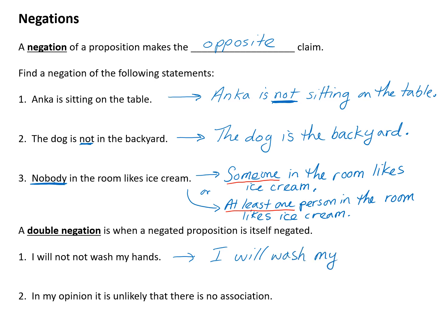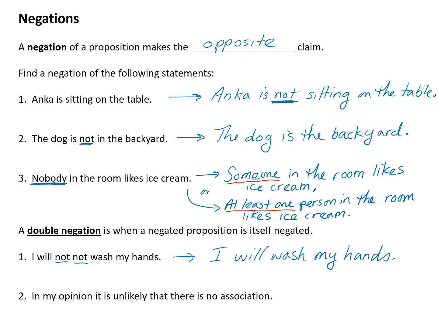By saying I will not not wash my hands, I'm really saying I will wash my hands. So those two nots undo each other, and you get back to the positive. So in a double negation, the first not undoes the second, or vice versa.